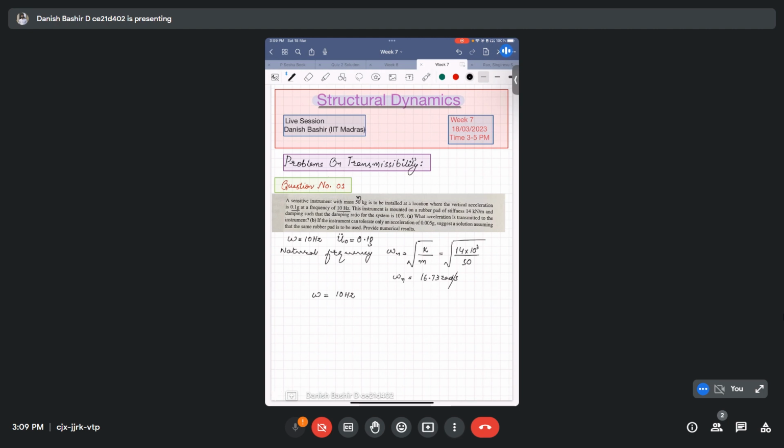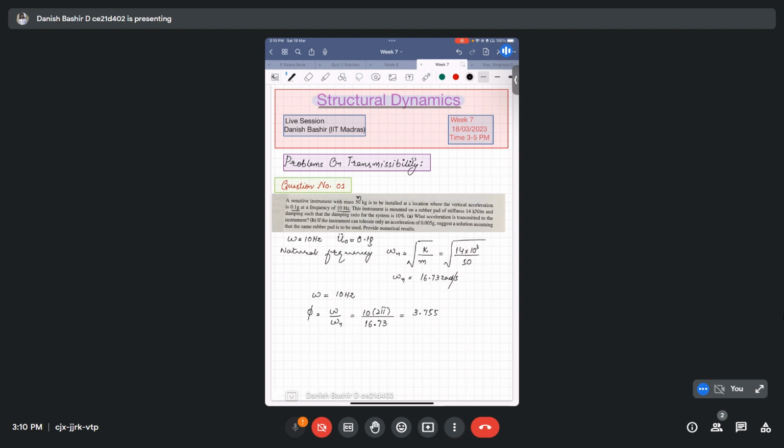Omega is 10 hertz, so our frequency ratio phi will be omega by omega n. First we have to convert 10 hertz into radians per second. It will be 10 into 2 pi, and omega n will be 16.73, which we already calculated. So our frequency ratio is 3.755.